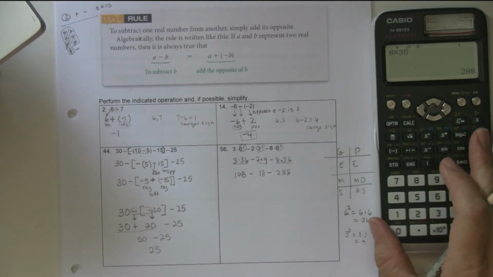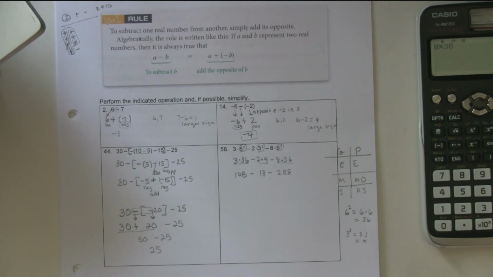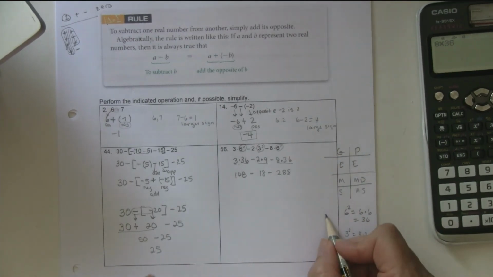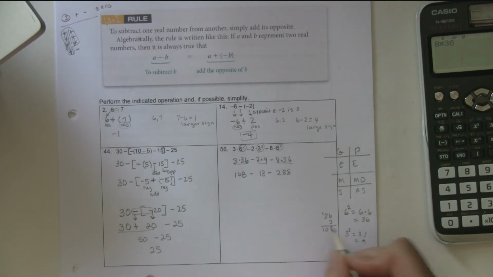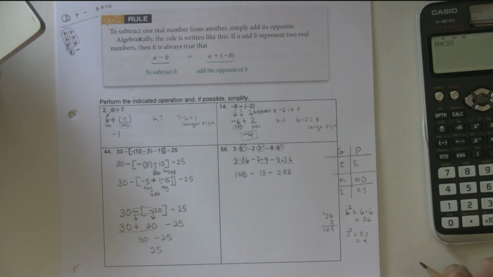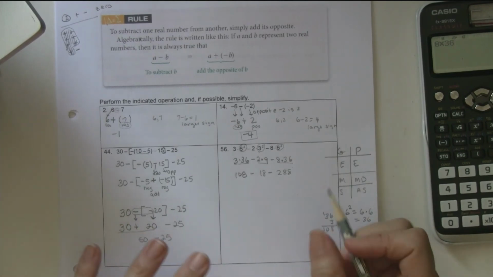So I did use the calculator to do that little bit of multiplying for me, and yeah, I can put this all in one line. But I am practicing showing my work, step by step by hand, and I just took a little shortcut. Instead of going 36 times 3, that's 18, carry a 1, that's 108, I certainly could have done it completely by hand if I had wanted to.